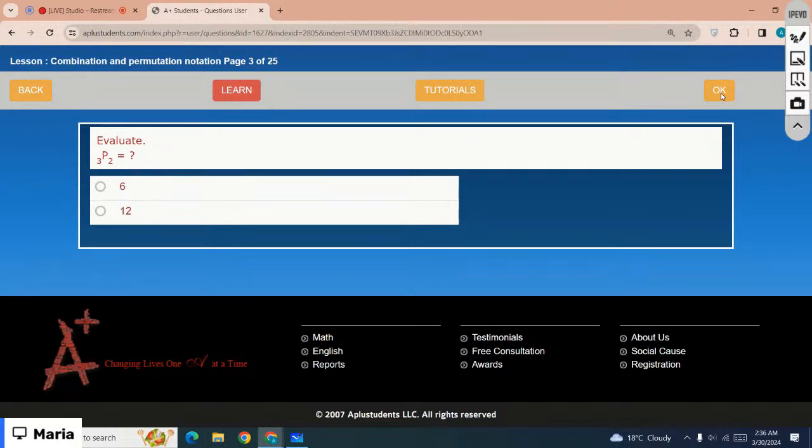That is 3P2. So how to evaluate 3P2? You have to evaluate permutations, right? n factorial divided by n minus r factorial.